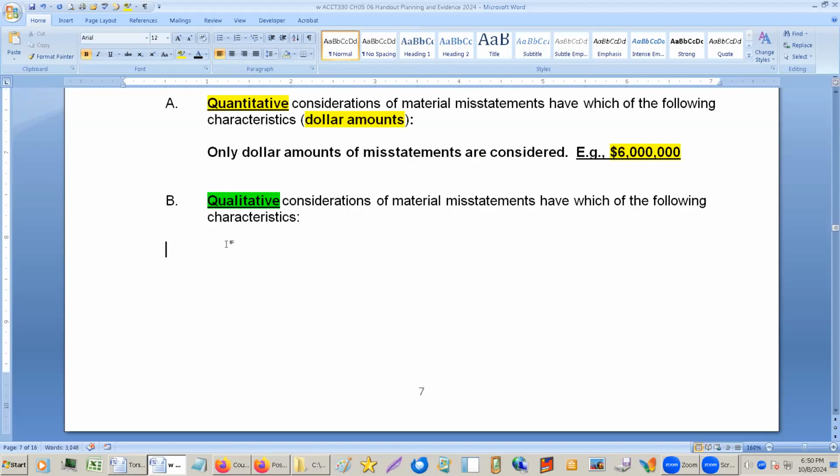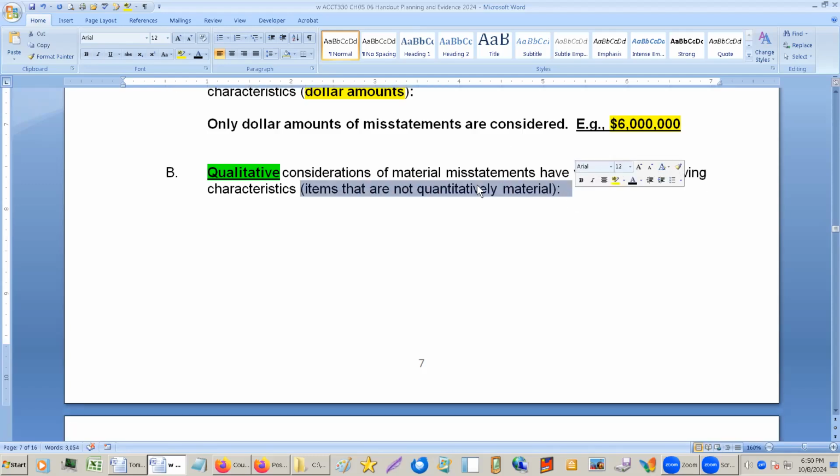So qualitative considerations are things that would make something that is normally not material, material. This is for items that could be both, but generally it's for things that are not quantitatively material. If they're quantitatively material, you're going to take care of them anyways.